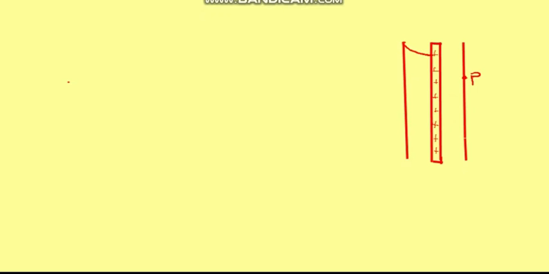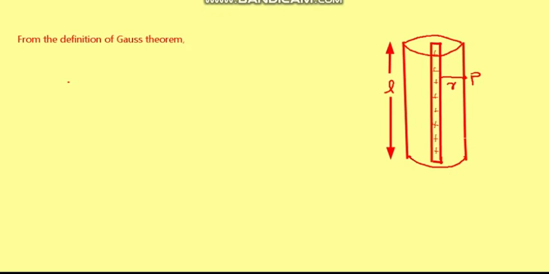So we are constructing a Gaussian cylinder as shown here, around this uniformly charged conductor such that the point P lies on the surface of this Gaussian cylinder, and R is the radius of this Gaussian cylinder, or R is the distance to the point P, and the length of this cylinder is taken as L. And you can see that this conductor lies on the axis of this Gaussian cylinder.